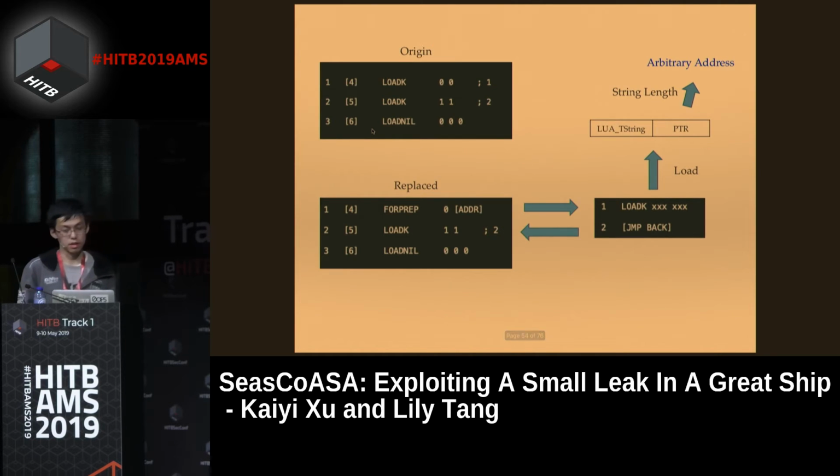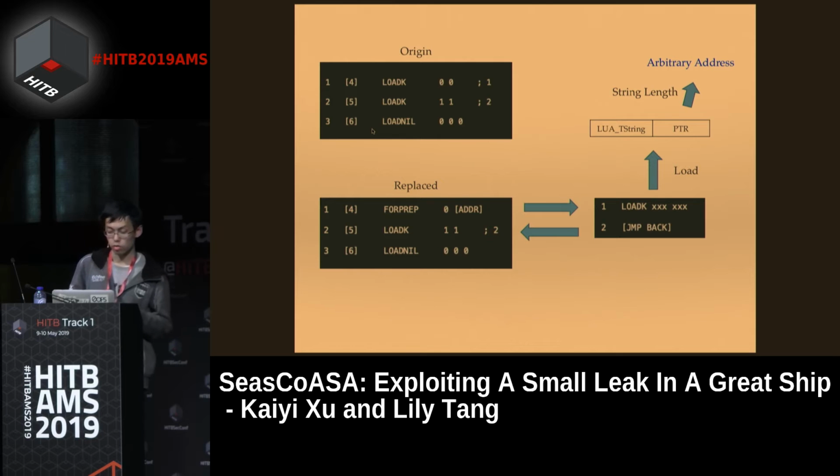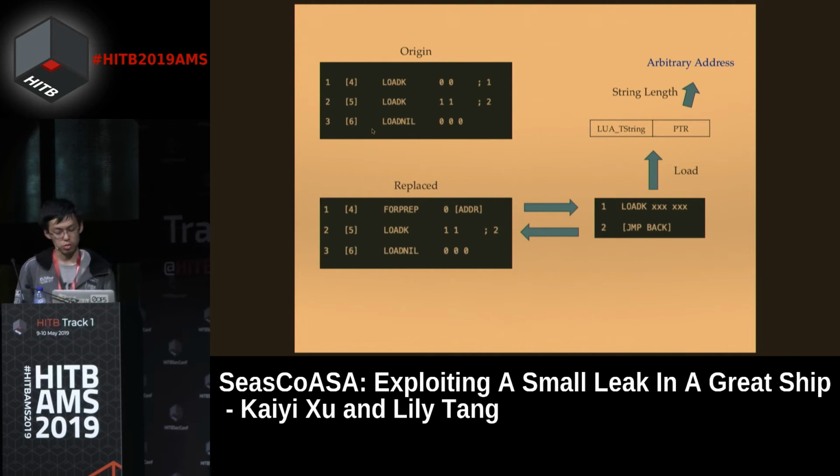So the whole process goes like this: replace the first LOADK with FORPREP, jump to our bytecode, and LOADK the fake structure. In this fake structure, the type is LUA_TSTRING, and the pointer points to our arbitrary address value. Then we jump back to our original function. Because the original function returns the length of the first structure, we can read an arbitrary address by this process.